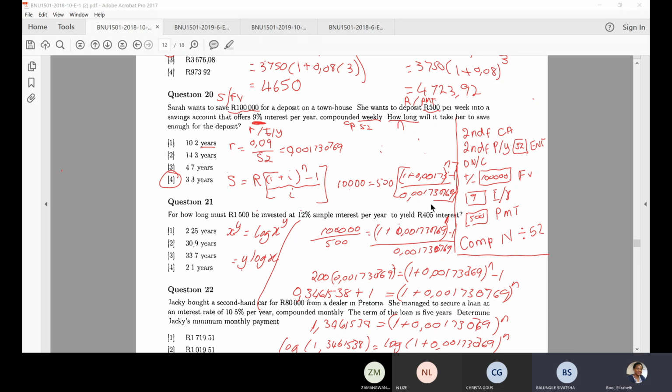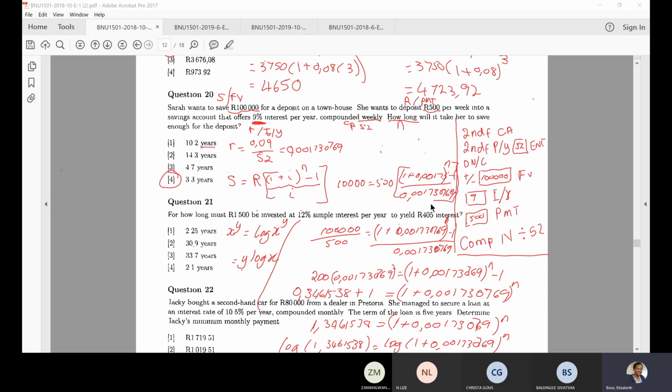You will need to work smart in the exam, because if I look at this, this was one of the exam papers. As you can see, it takes longer to answer this question, unless you have a financial calculator. You still have time. Know that you're writing on the 4th of December, so you still have a month.